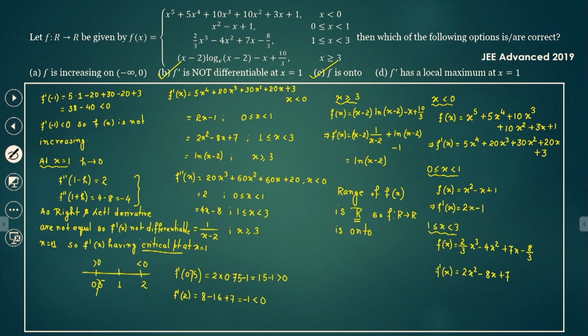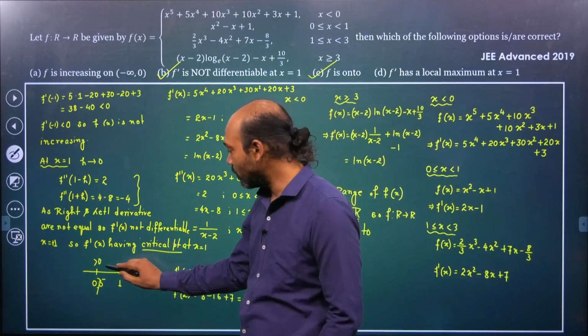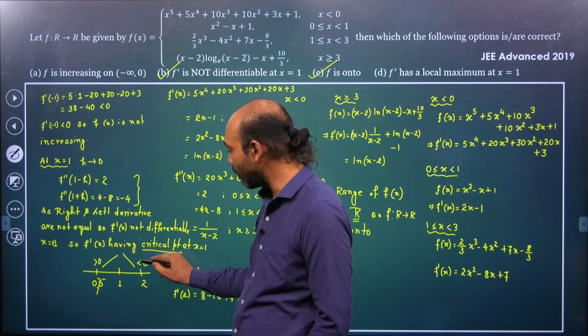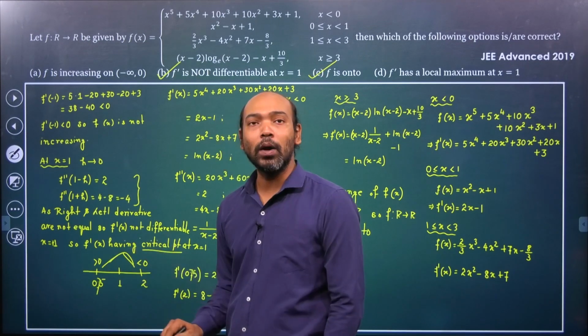So that means your function is increasing from 0.75 to 1. That's why it's an increasing function. And then at 1, it starts decreasing because we have less than 0. So therefore, at this point, we will have the local maximum.